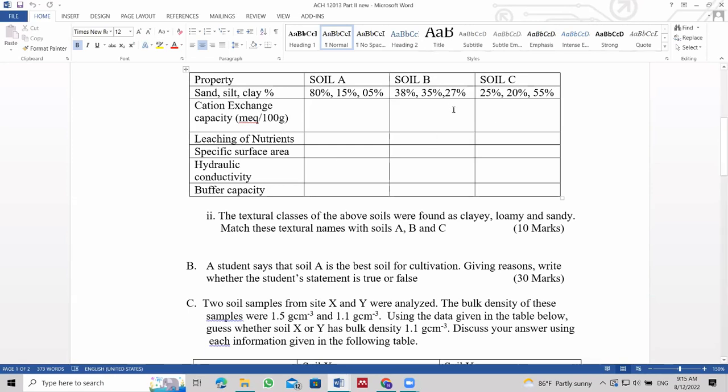Or if the statement is soil B is best for cultivation, what will be the answer? How will you discuss? Is it correct? If the statement is soil B is the best for cultivation, what do you think?